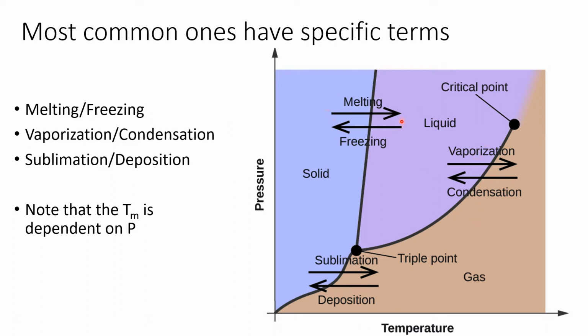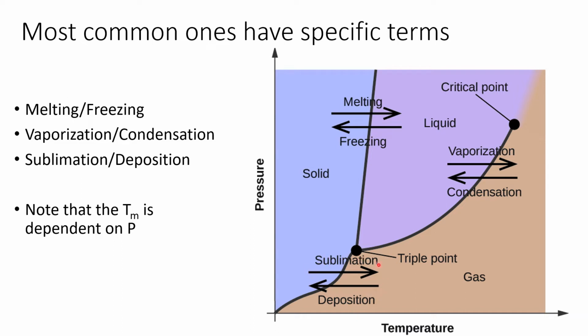So melting is the same boundary on the pressure-temperature diagram as freezing is. For a given pressure, that happens at the same temperature depending on which direction you're going. Same thing for vaporization or boiling, and then condensation, which is going backwards from gas to liquid.